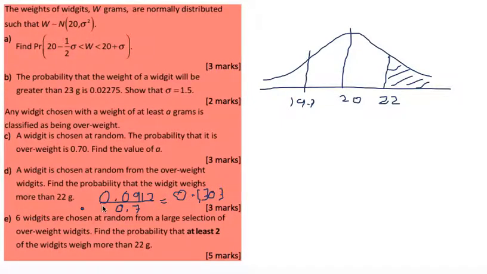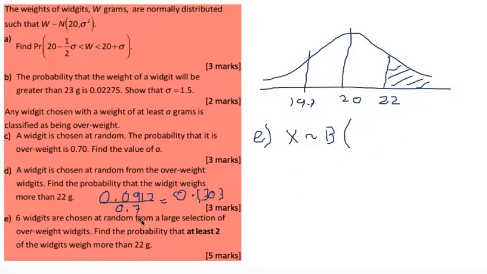Now, 3 marks. This one's worth 5 marks, and this is very common in IB, that they started you off with a normal distribution, but this ends up being a binomial distribution. So we've now got a binomial distribution. Now with a binomial distribution, you want n, how many there are being done, and p, the probability of the success.